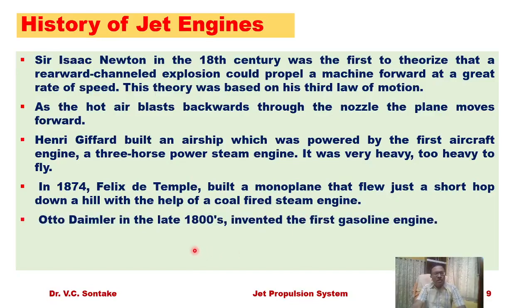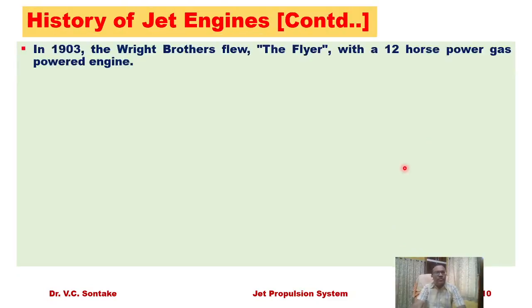Otto Daimler in the late 1800s invented the first gasoline engine. In 1903, the Wright brothers flew the Flyer with a 12 horsepower gas-powered engine. So this was a successful attempt to propel a system.